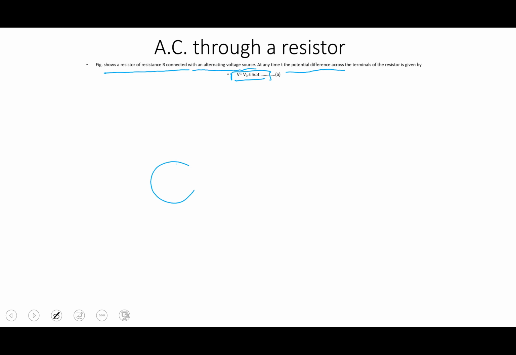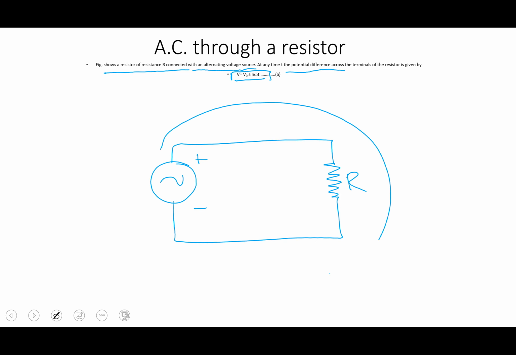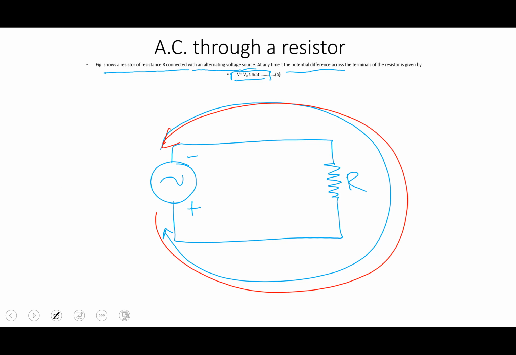So if this is the alternating source and we connect it to a resistor over here, this is R. For this first time period, the current will flow conventionally like this. But after a few seconds, this polarity will change, and this will be positive, this will be negative, so in this case the direction of the current will change.